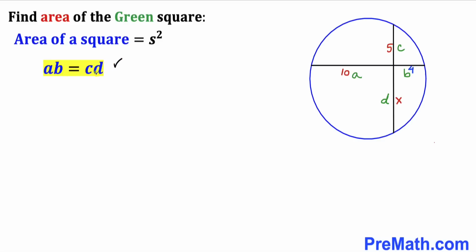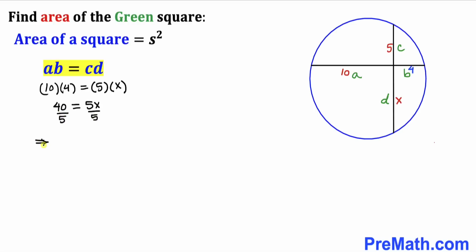A times B equals C times D. In our case, A is 10 times B is 4 equals C, in our case 5, times D, in our case x. So therefore, if we simplify, we get 40 equals 5x. Let's go ahead and isolate x by dividing by 5 on both sides.